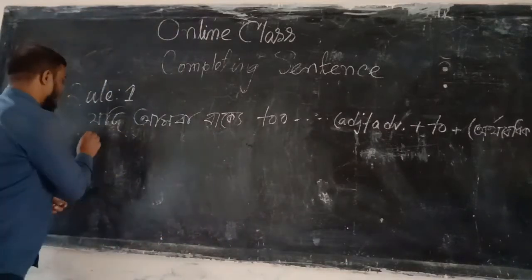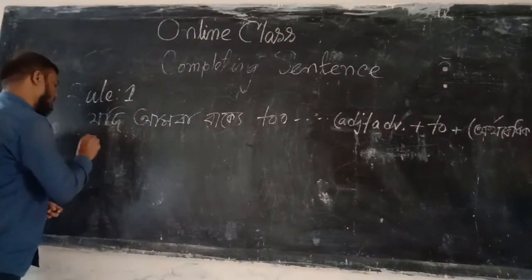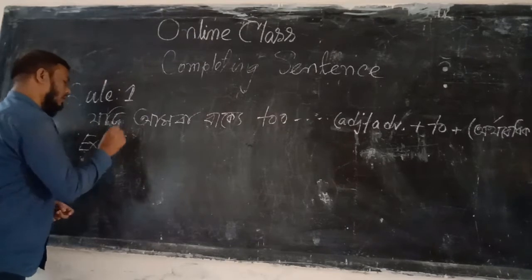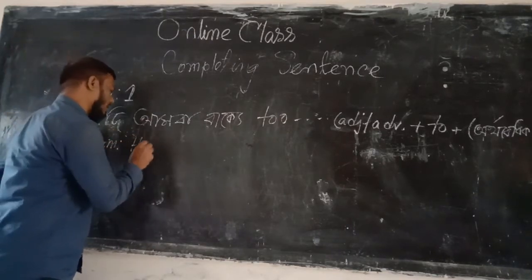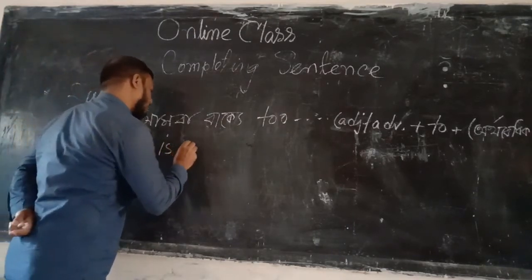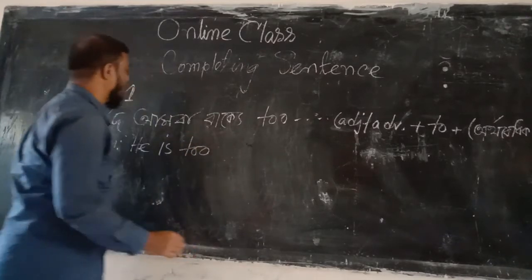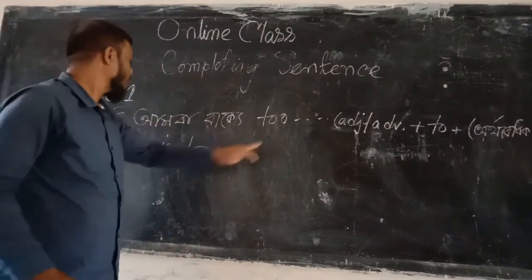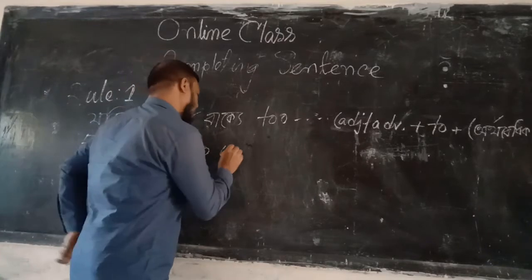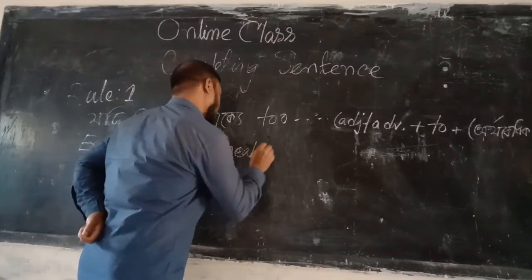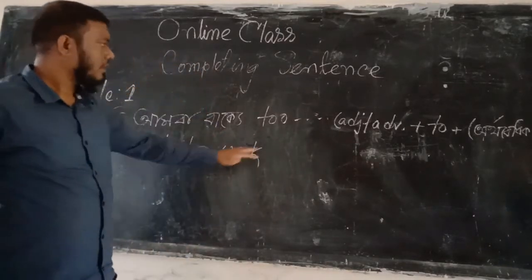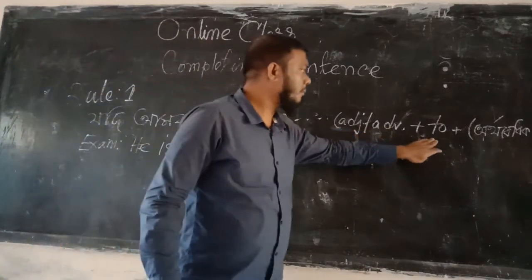Let's see an example. He is too quick, like this, too plus adjective. Then we have to use "to" to complete the sentence.